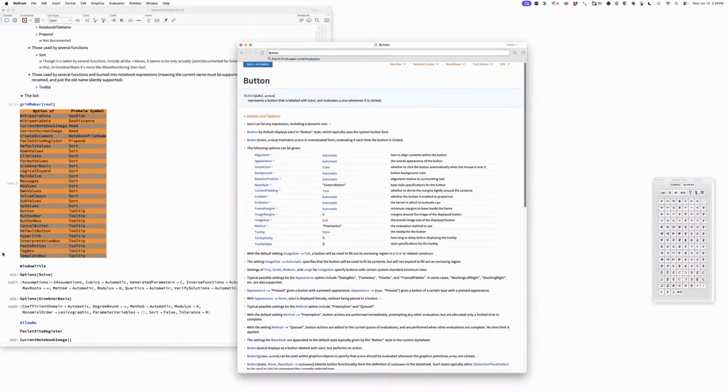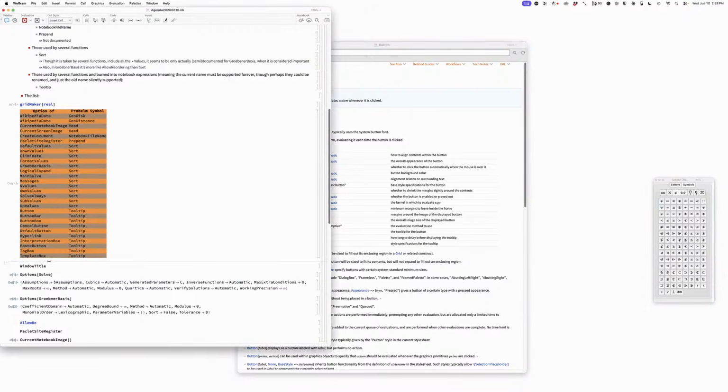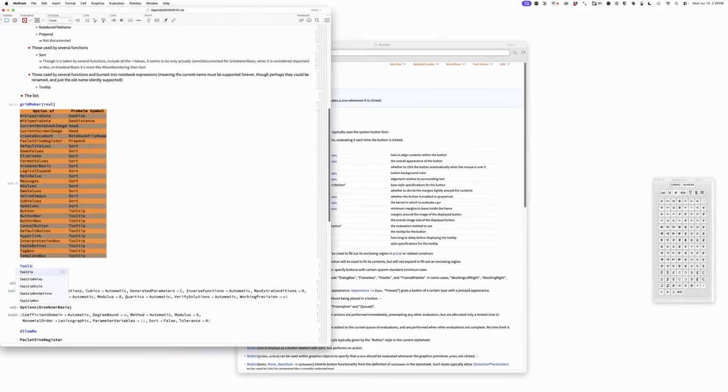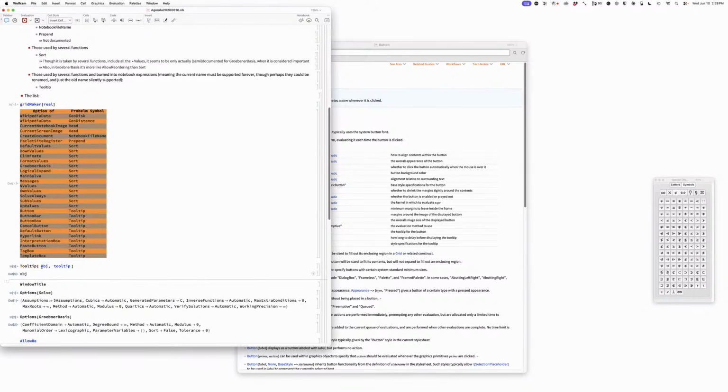I mean, tooltip as a wrapper takes the object to tooltip and the tooltip. Effectively, the option is taking the second argument of the function. I guess if you had an operator form of tooltip, then it would make sense, right?